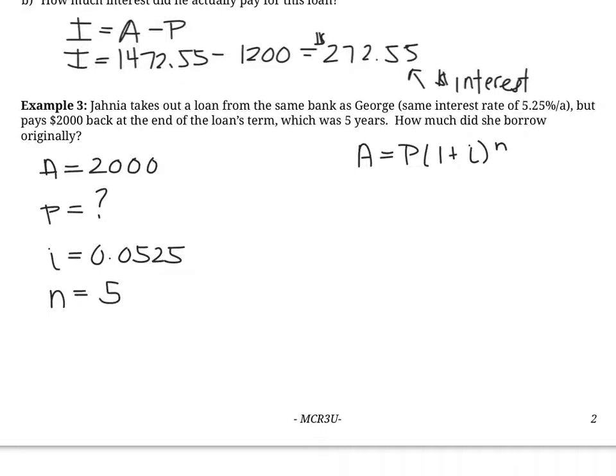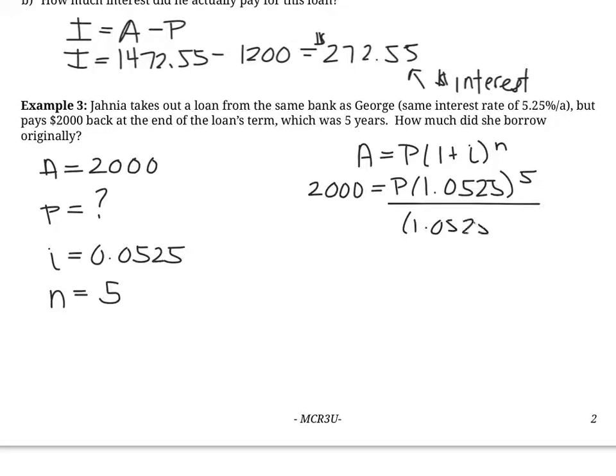So let's fill in the information that we have now. We have our A value, which is $2,000. We're looking for our P. 1 plus our interest rate is going to be 1.0525 to the power of 5. Now we have to get our present value or our principal amount on its own, so we're going to divide by 1.0525 to the power of 5.